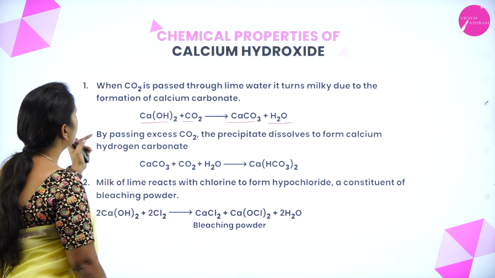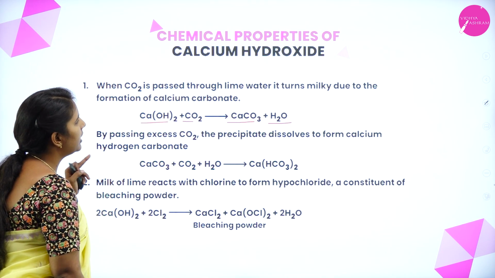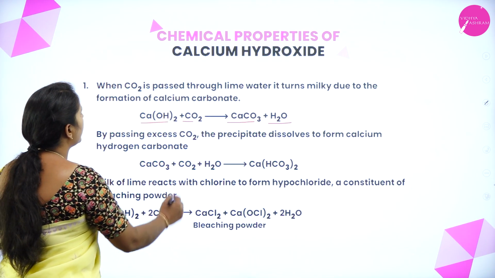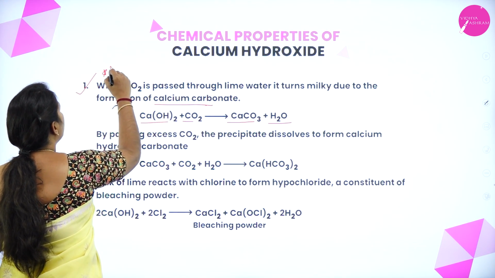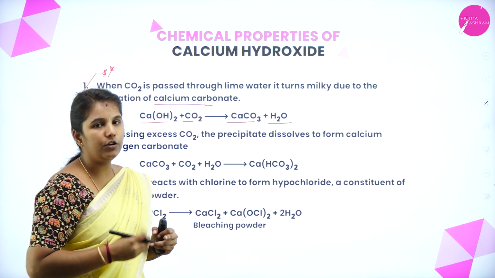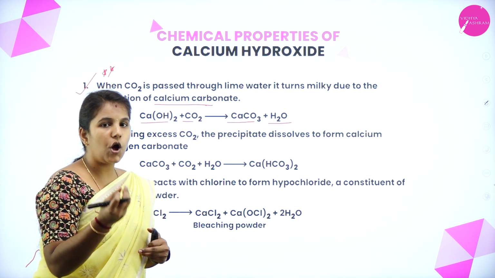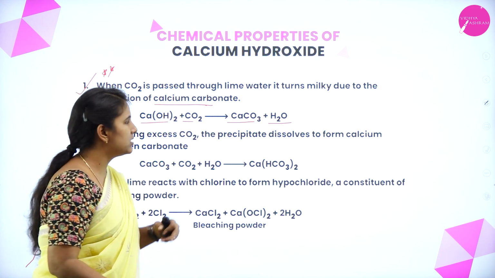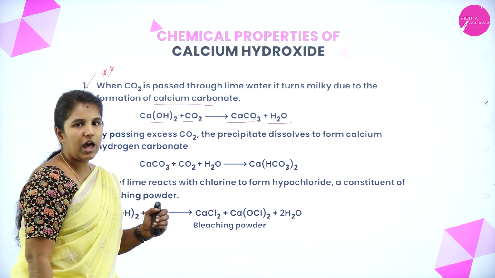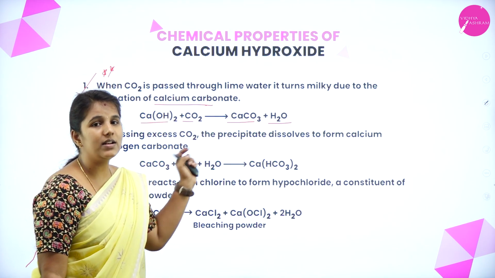So when carbon dioxide is passed through the lime water, it turns milky due to the formation of calcium carbonate. I think in your first PUC, when you do the salt analysis, you will understand that if the compound consists of calcium, it gives a test known as the calcium carbonate test.